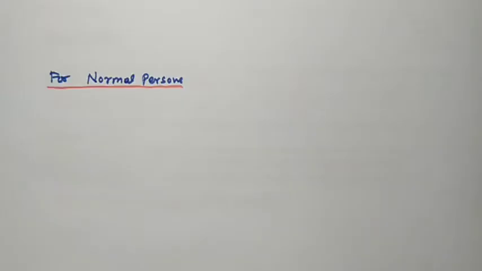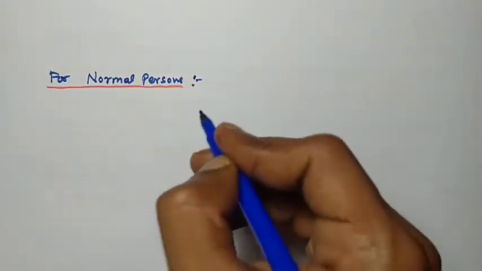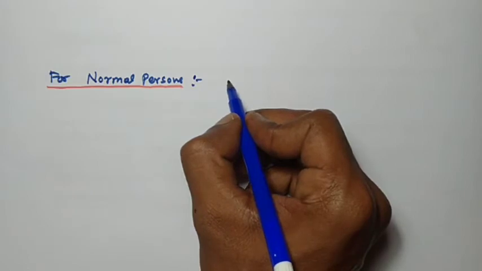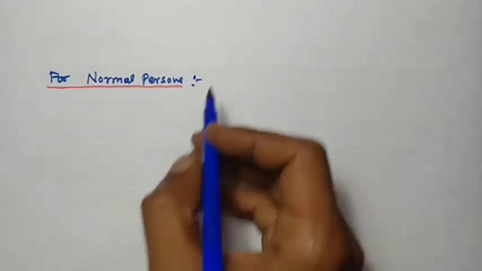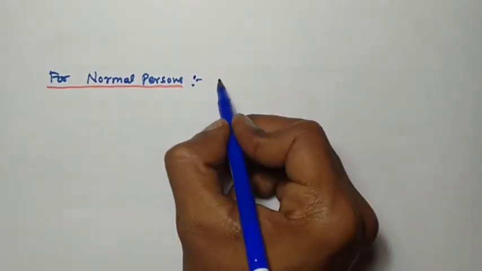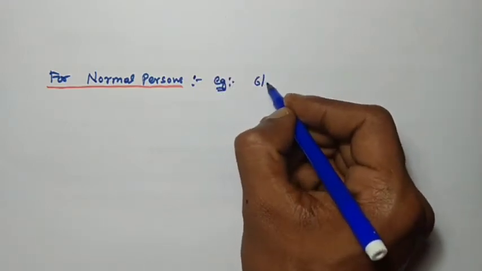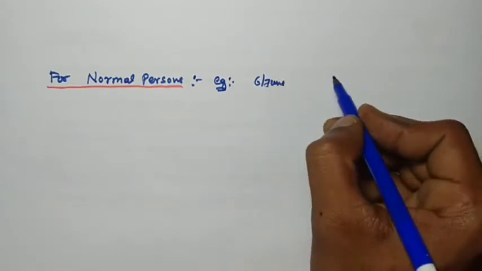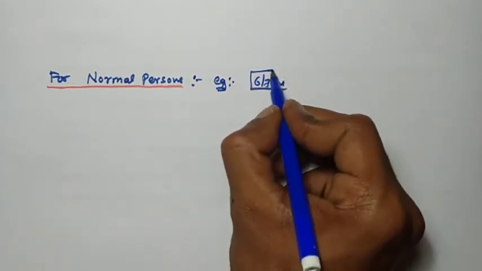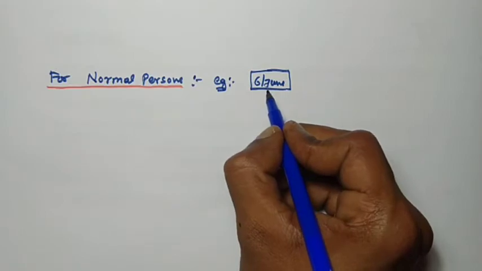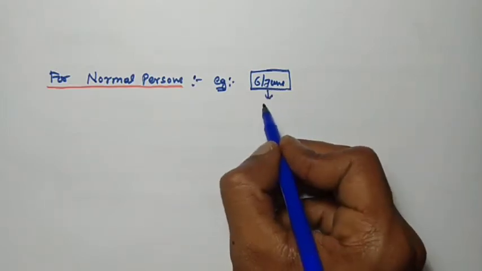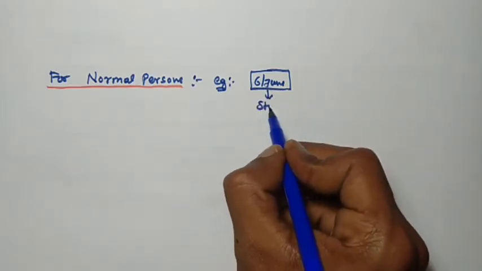For normal persons, other than crew members of Indian ships, we should include the date when he leaves India. For example, he leaves India on 6th June, and 6th June is considered as stay in India.